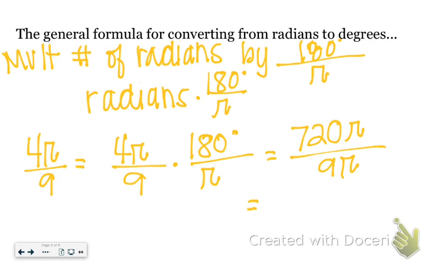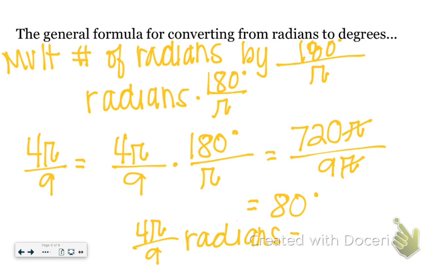Then we can simplify this fraction a little bit more. Pi divided by pi is 1, so those cancel. 720 divided by 9 is 80, so it's 80 degrees. So 4 pi over 9 radians is the same thing as 80 degrees.